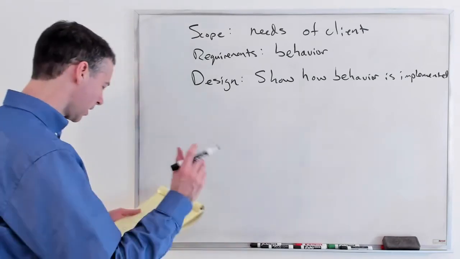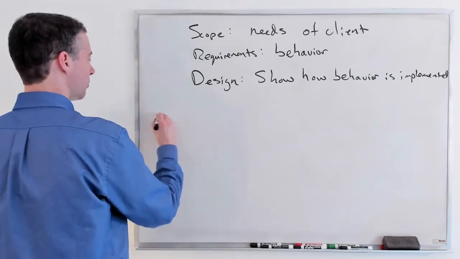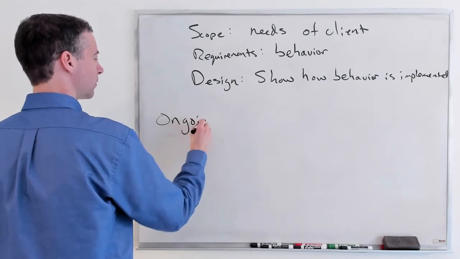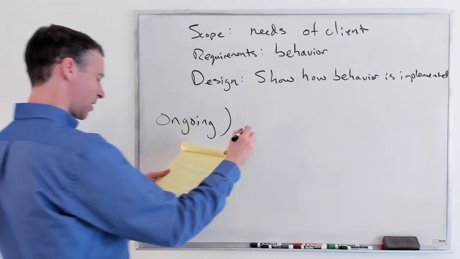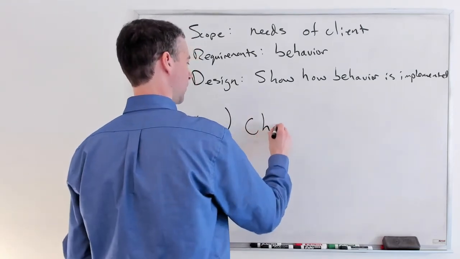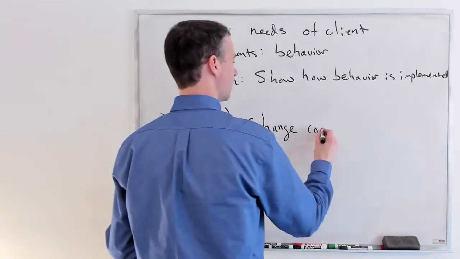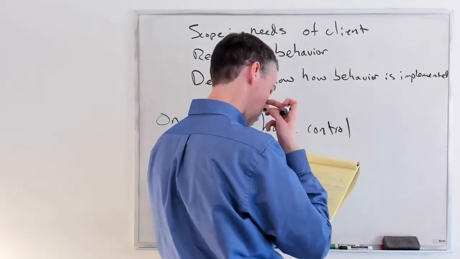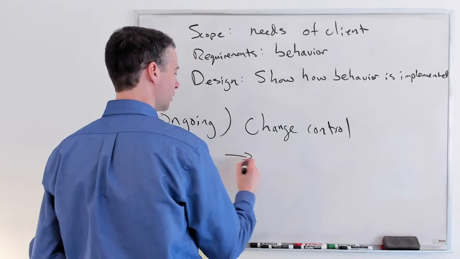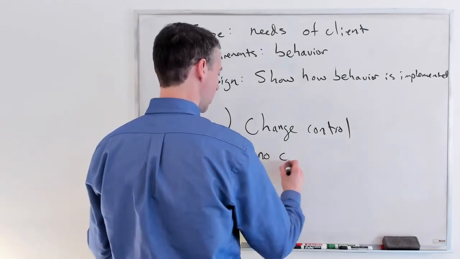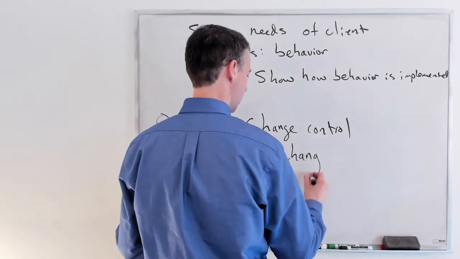All right, again, while we're here, I'm going to mention that we have an ongoing thing. And I already talked about this a fair bit, but again, you've got to have your change control, okay? And the real thing is that you're writing all these specifications.